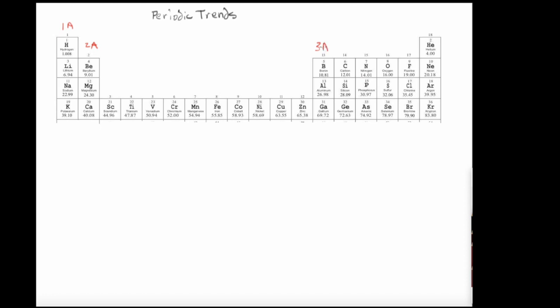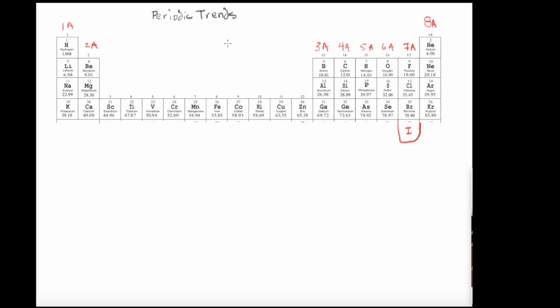So we have 3A, 4A where carbon is, 5A where we find nitrogen and phosphorus, 6A oxygen and sulfur. Key elements, and then 7A here for the halogens, fluorine, chlorine, bromine, and iodine, which I'm not showing you here. I'll just extend the square, right? This would be I right here, iodine, all right? And then group 8A here for the noble gases.